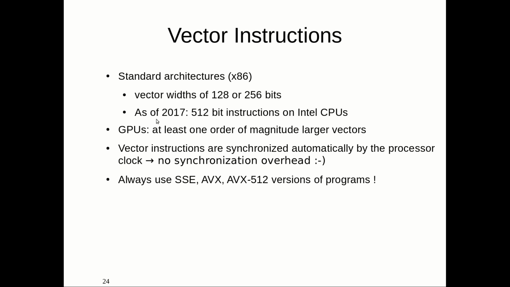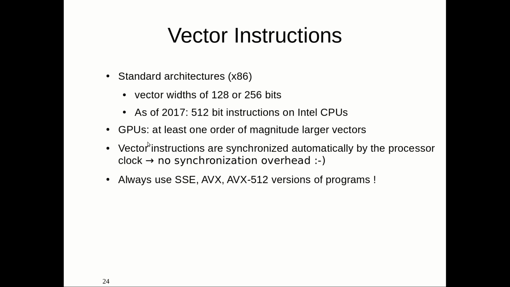And as of 2017, there are also 512-bit instructions available on Intel CPUs. I already mentioned GPUs being large vector units or vector processors, and their vectors are typically at least one order of magnitude larger.